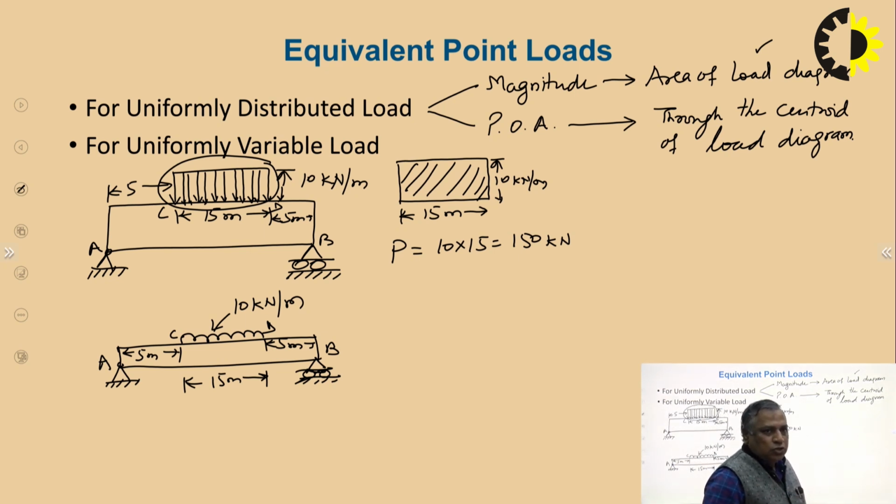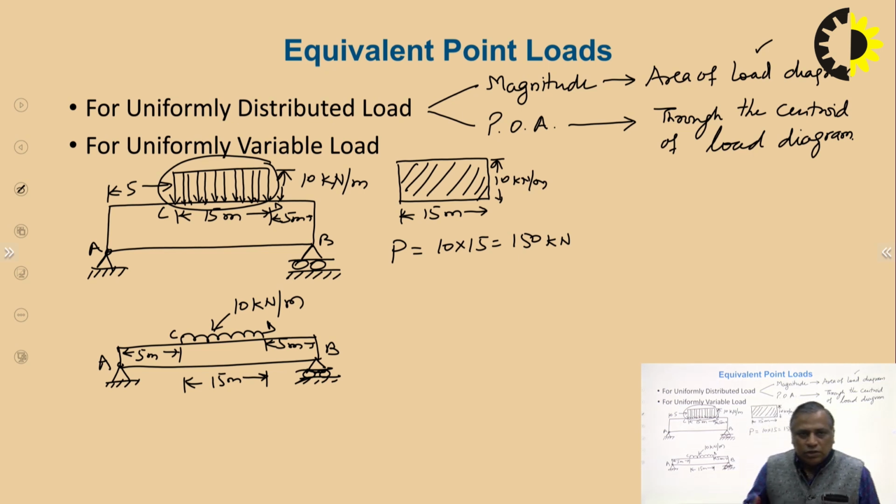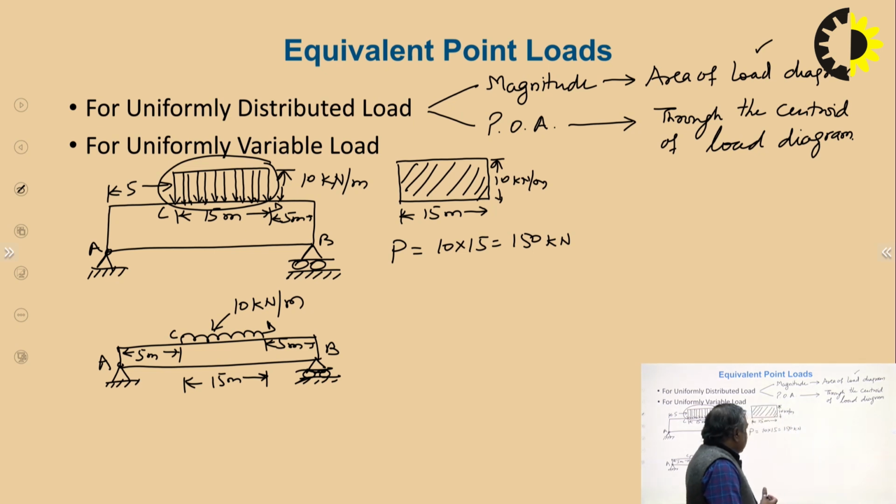For that purpose, you need to determine the centroid of the load diagram. This is a rectangle, so the centroid of a rectangle is the intersection point of the diagonals. So it will be 7.5 from C on the right side, and 7.5 meter from point D on the left hand side.